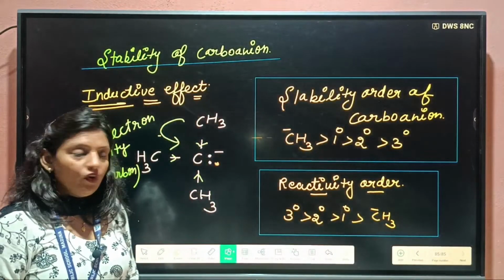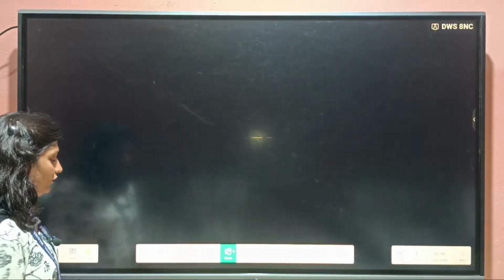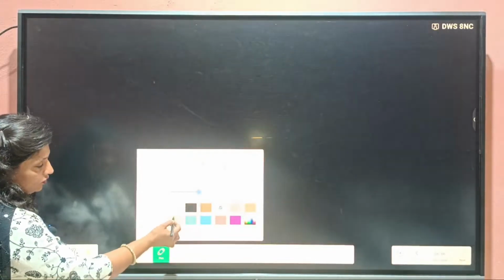Clear? One more factor here. Second factor: in case of carbocation you discussed resonance.